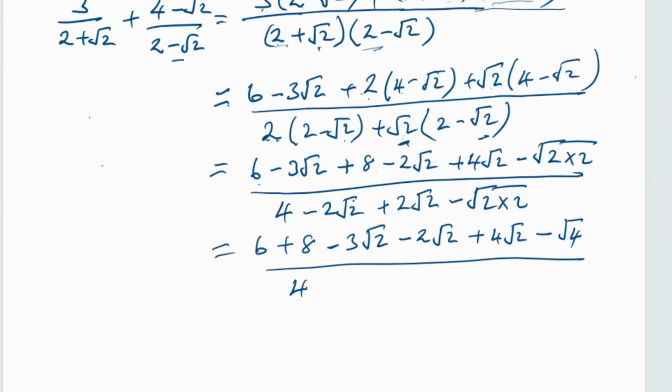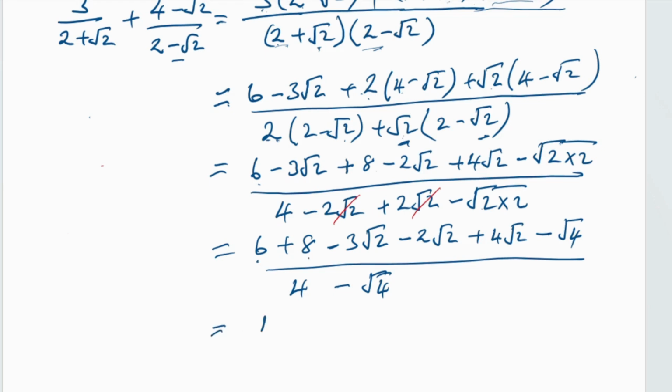Now, this one and this will cancel out because it is minus 2 square root 2 plus 2 square root 2. If you have minus 1 plus 1, this is equivalent to 0. So that one will cancel out and become 0. Minus 2 square root 2 plus square root 2: 2 times 2 will be 4, so it will be minus square root 4.